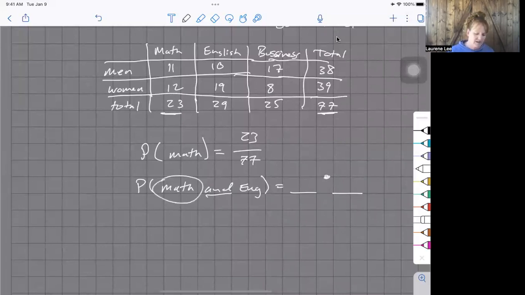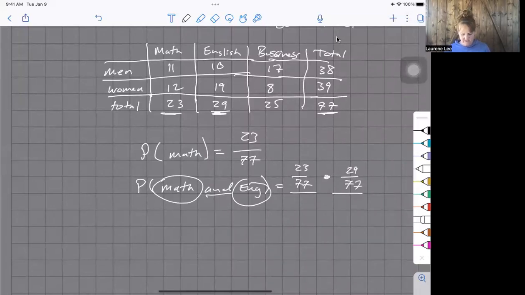What's the probability I'm going to have a math person? That's 23 out of 77. And in English, that's 29 out of 77. And I multiply those together, and that's my probability. So 23 out of 77 times 29 out of 77. That's going to be 0.112.